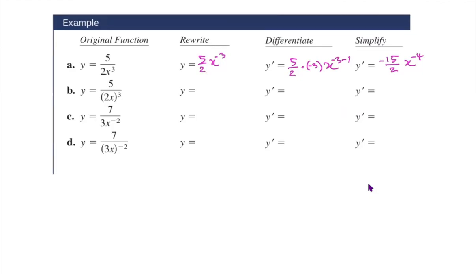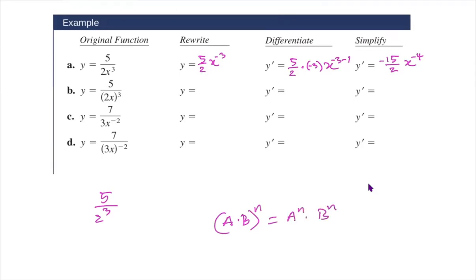Let's try the next one. Rewrite. So that's 5 over 2 to the power 3, because when I have a times b to the power n, it's like a exponent n times b exponent n.